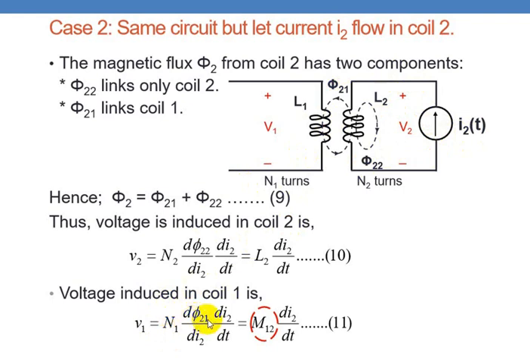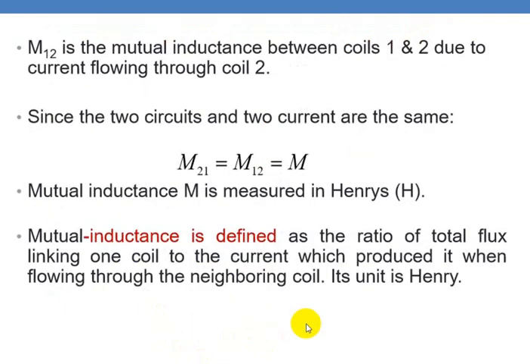Therefore you write d phi 21 by di2 into the rate of change of current, again di2 by dt, and this term is called mutual inductance M12 into di2 by dt. So M12 is the mutual inductance between the coils 1 and 2 due to current flowing through coil 2.